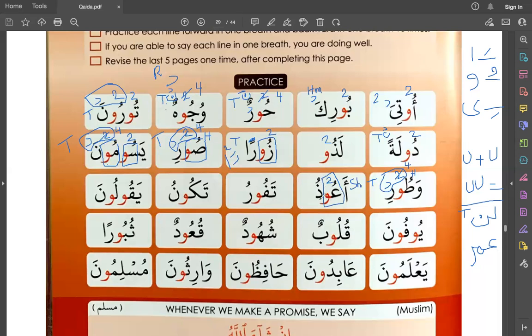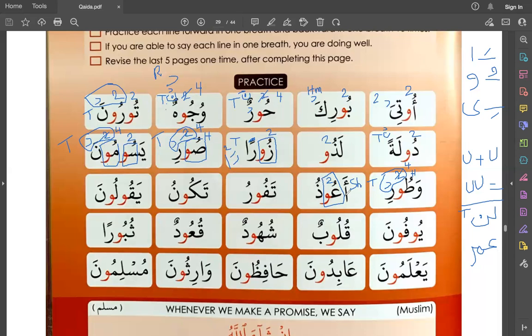For dhamma, circle your lips. The makhraj of dal is when the tip of your tongue touches the edge of your frontal 2 teeth, and the sound is short, and you have to circle your lips.